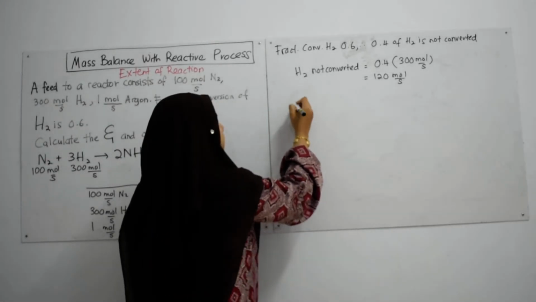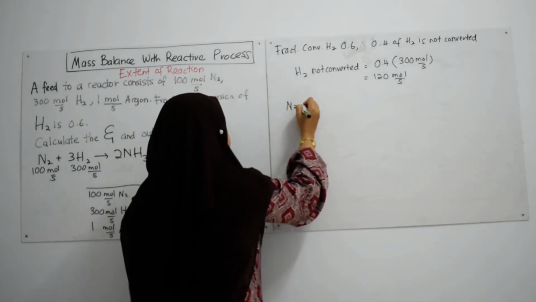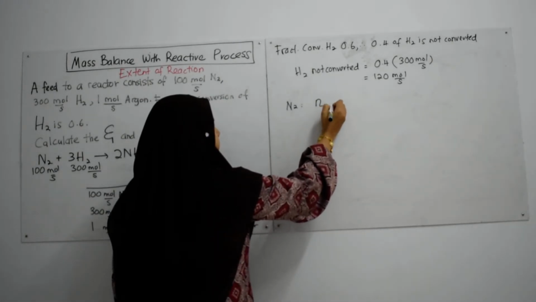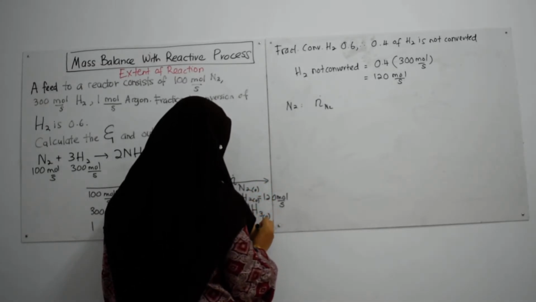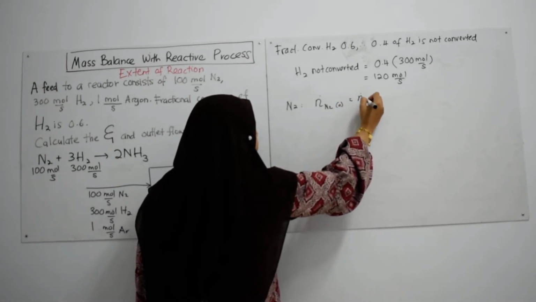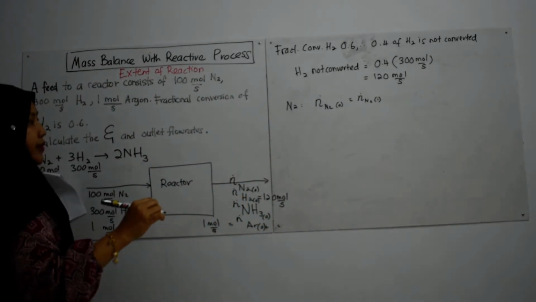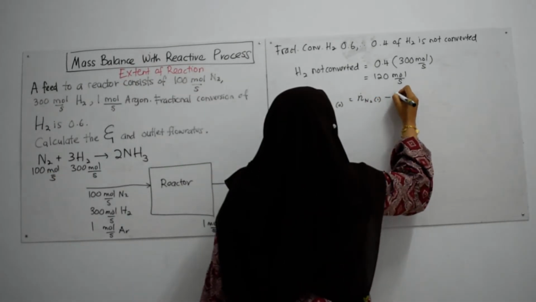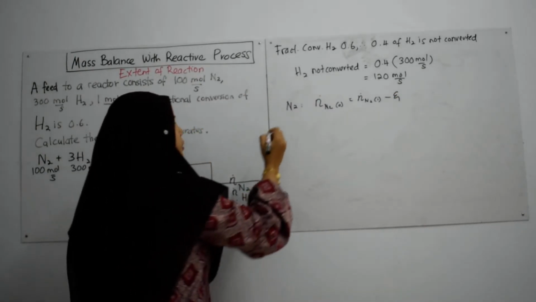For the first compound, nitrogen, the equation is: n N2 out is equivalent to n N2 in, minus, because only one coefficient, the extent of reaction.